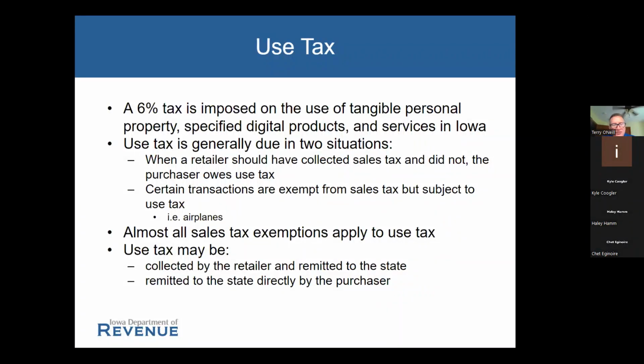That still is in effect today. However, since we did have the Wayfair case a few years ago, a lot more online retailers are collecting and remitting the applicable tax. So maybe you don't run across this as often as you did before, but that's an example of when you would owe use tax. If you're purchasing something, again, for use in Iowa, and the retailer did not charge you tax. Just an example for you.